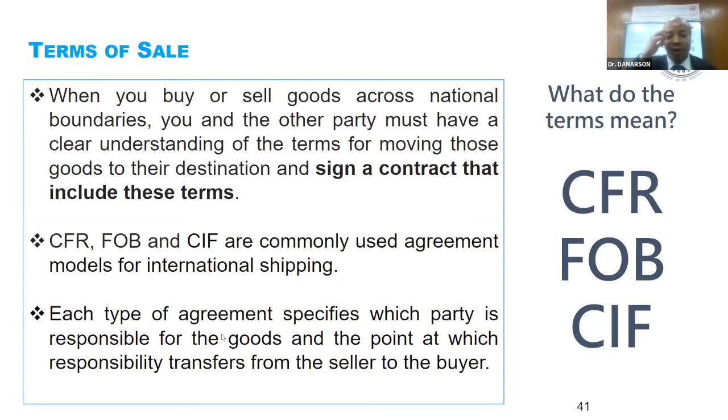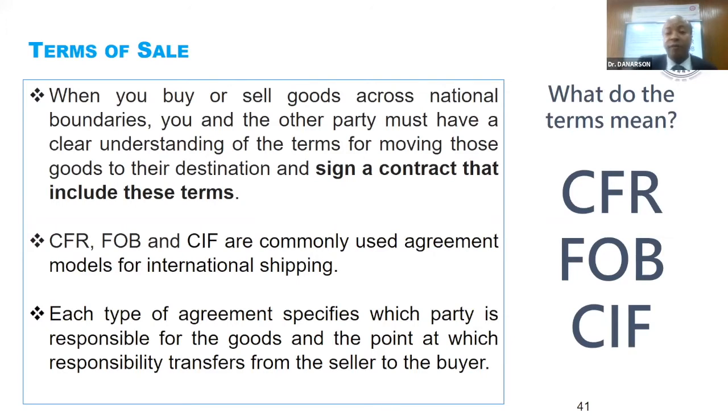Each type of agreement specifies which party is responsible for the goods and the point at which responsibility transfers from the supplier to the importer. So these Incoterms tell you who is responsible for damaged goods, who is responsible for goods that are sent to a ship and never reach the place of destination.